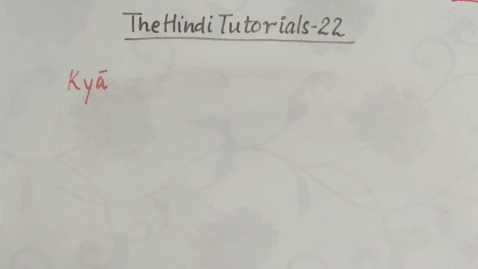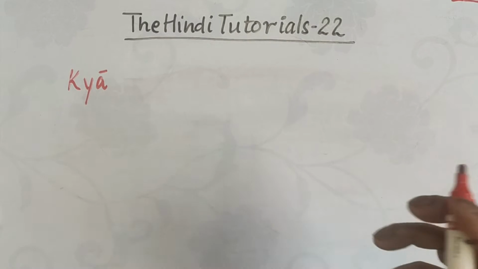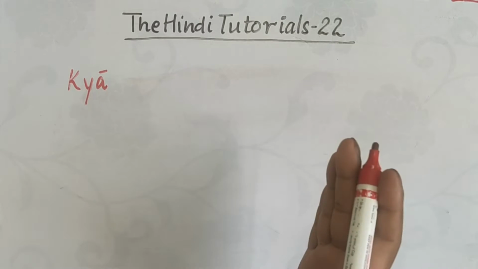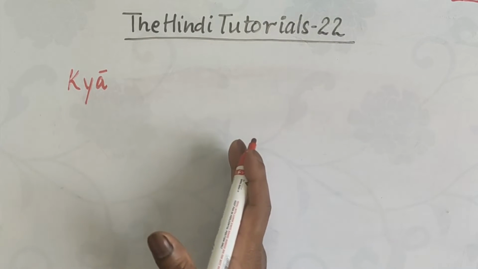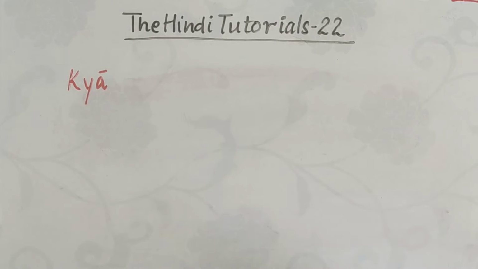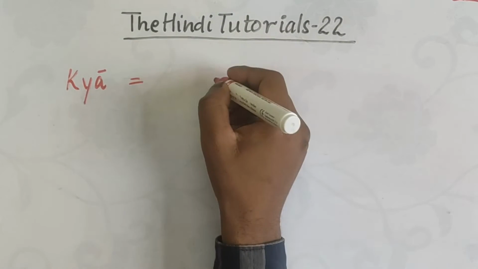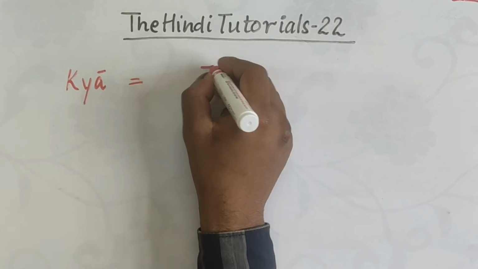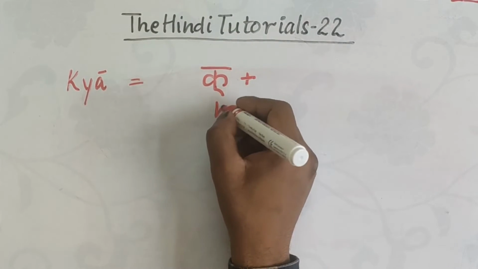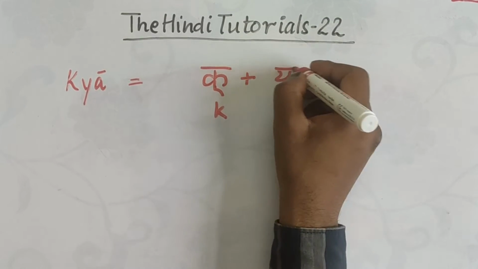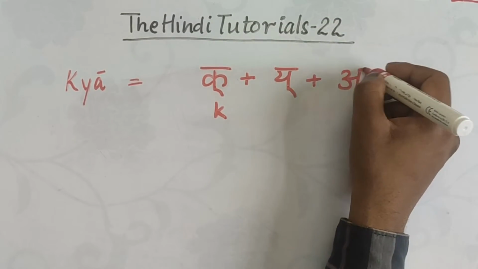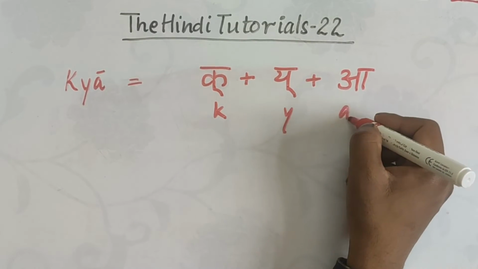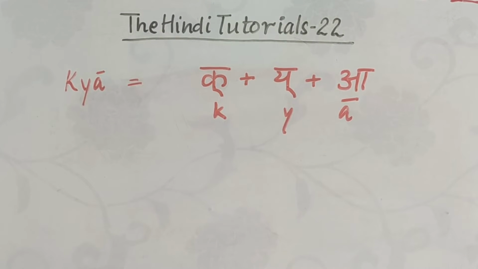When there is no vowel between two consonants, we have to write the previous consonant as half. So kya actually has three alphabets: the consonant ka, the consonant ya, and the vowel a.